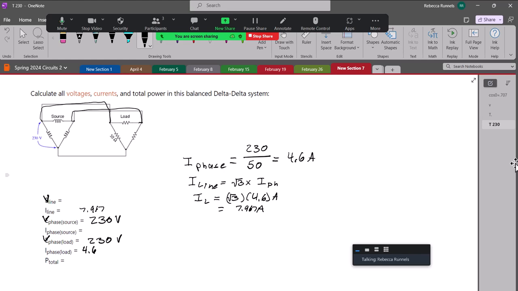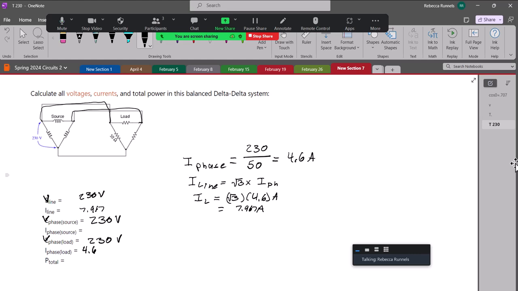And we know that this also has to be 230 volts because we know that for the delta, the line voltage is the same as the phase voltage.